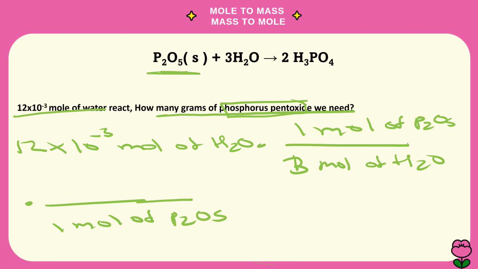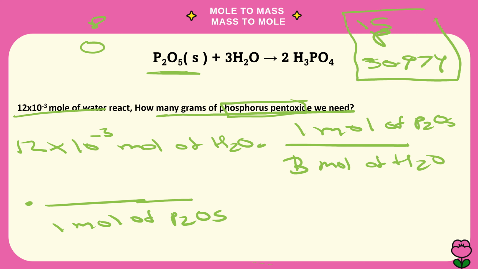So we multiply by 1 mole of phosphorus pentoxide, and we want to know how many grams are in 1 mole. Phosphorus is the 15th element in the periodic table, with 30.974 atomic mass, and oxygen is the 8th element and has 16 grams.